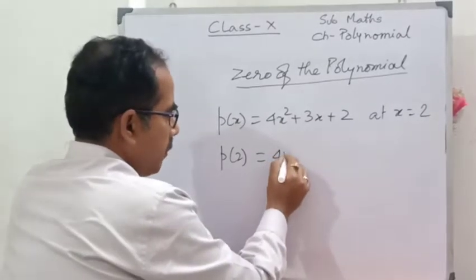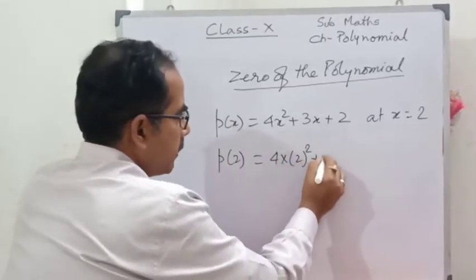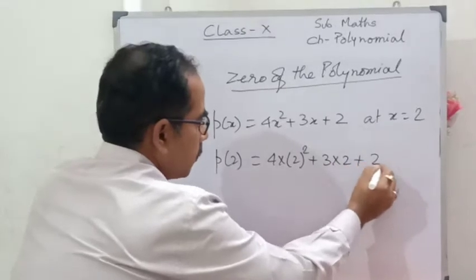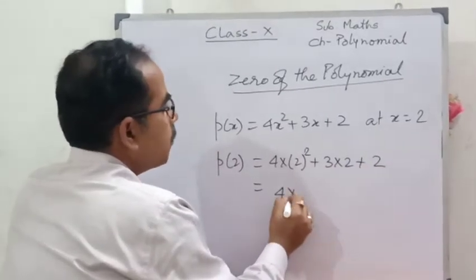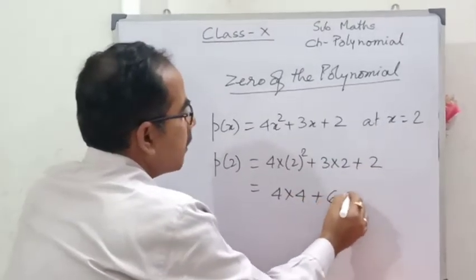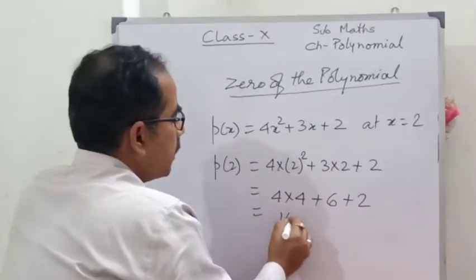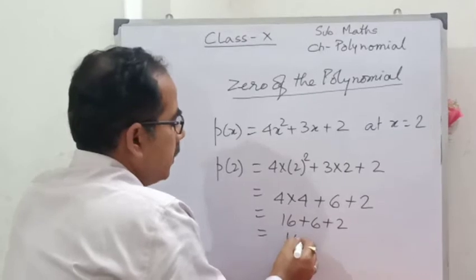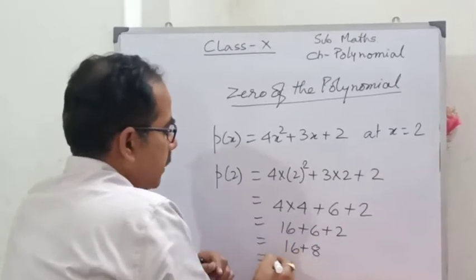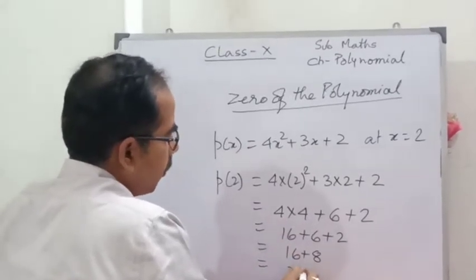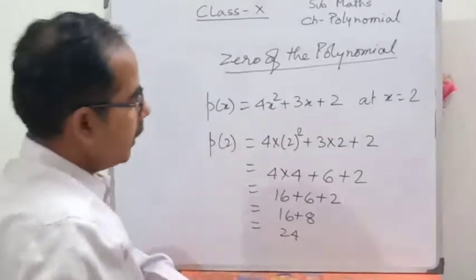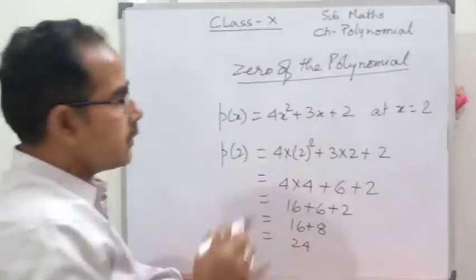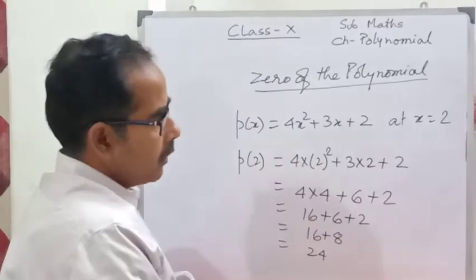So 4 multiplied by 2 square plus 3 into 2 plus 2. What it means? 4 into 4 plus 6 plus 2, that is equal to 16 plus 6 plus 2, that is equal to 16 plus 8, and that is equal to 24. So the value of the polynomial is 24. So in such a way we will proceed.